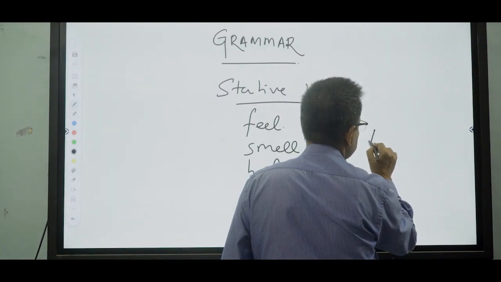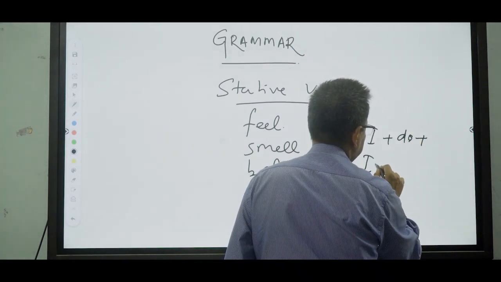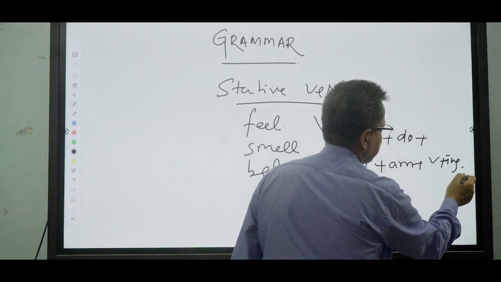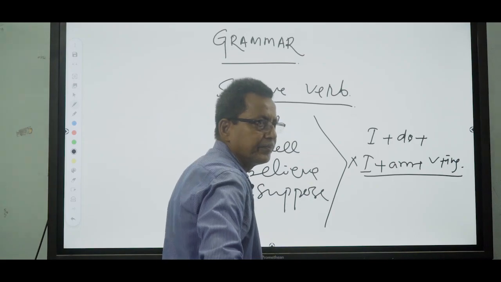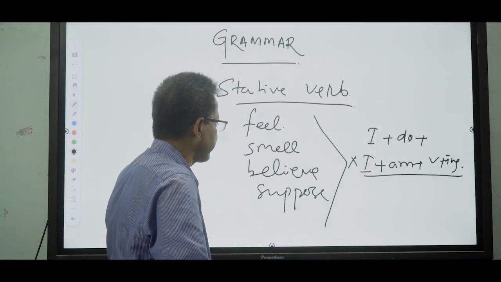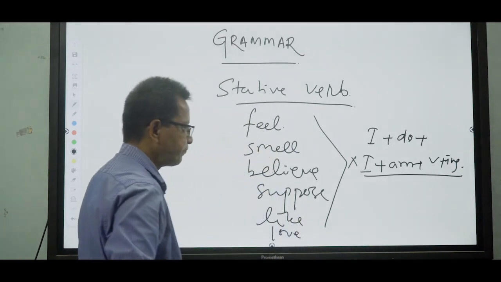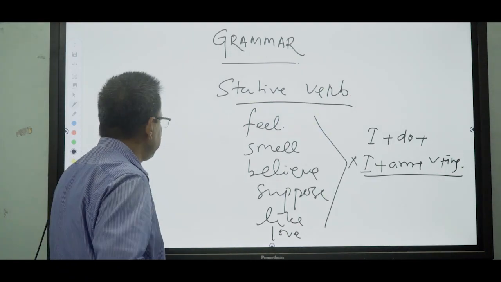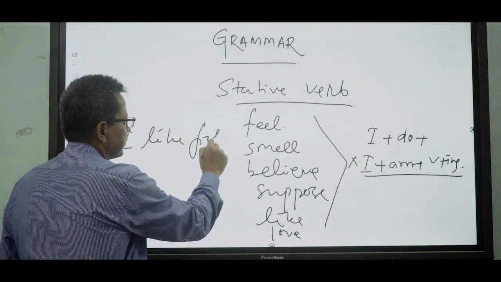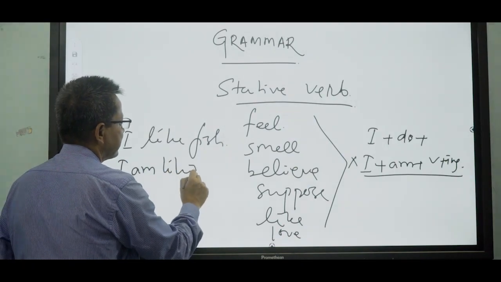That means I plus do, not I plus am plus verb plus ing. So you must be careful when you use this type of verbs, like love, all these things. So you can say I like fish. You are not going to say I am liking fish.